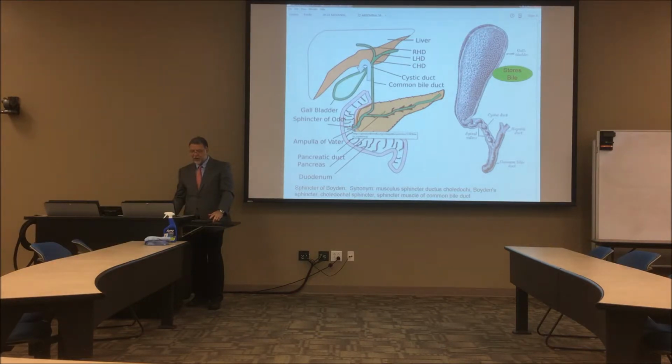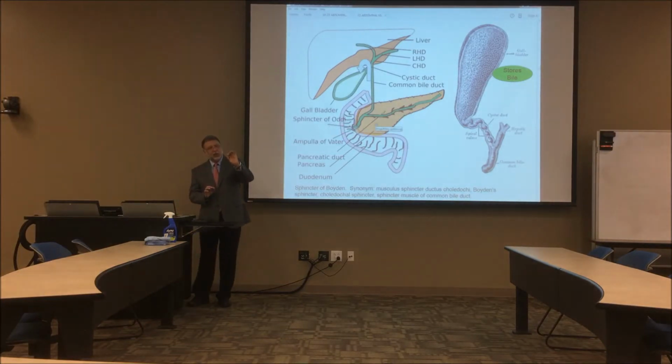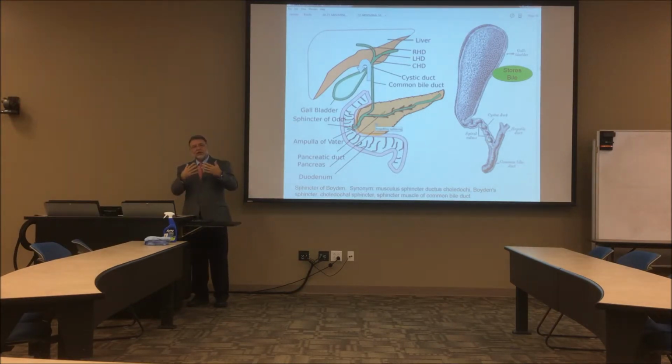The ampulla of Vater has one specific sphincter, which is called the sphincter of Oddi. This sphincter of Oddi opens and closes depending on what you're eating. It's more related with fatty meals, a lot of protein. That's when the sphincter of Oddi is going to be more stimulated to open, because of the massive quantity of fat that you have to dissolve in some way to digest.